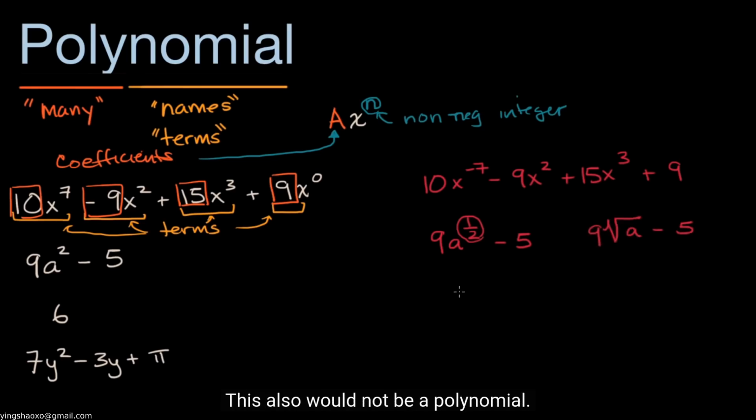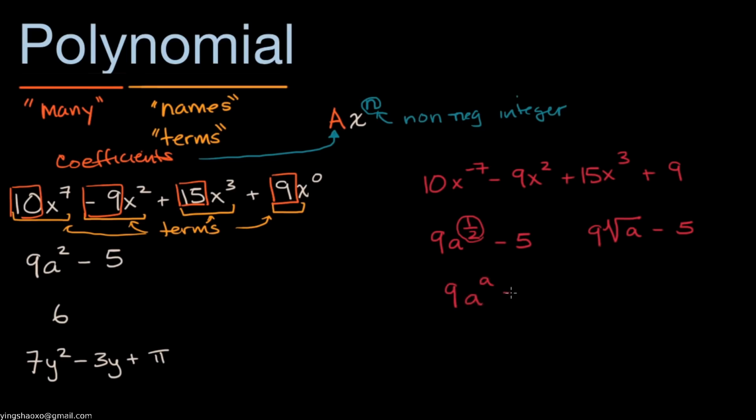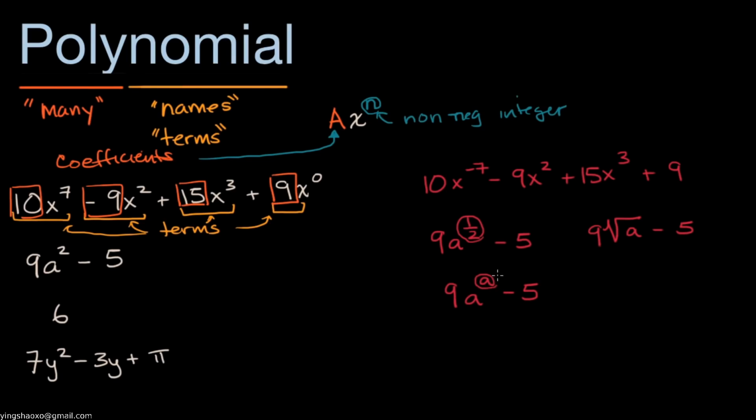This also would not be a polynomial. Or if I were to write 9a to the a power minus 5, also not a polynomial because here the exponent is a variable. It's not a non-negative integer. So all of these are examples of polynomials.